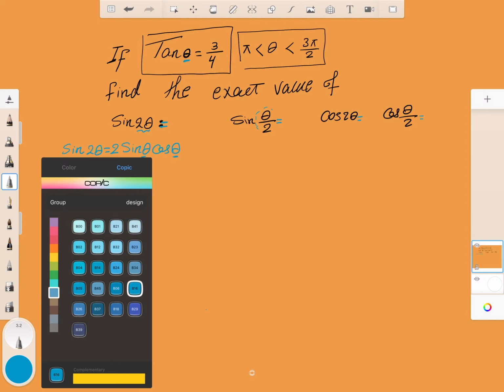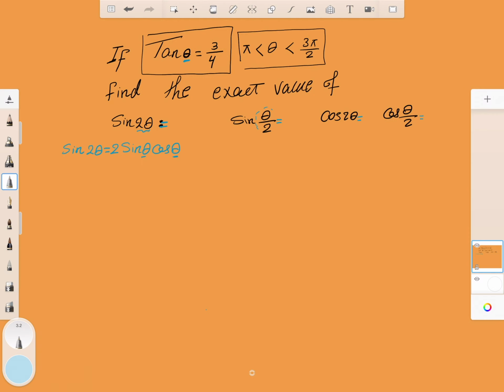Then for sine of half theta, the formula is plus minus radical 1 minus cosine of theta over 2. And for cosine of double angle, cosine of 2 theta, the formula is cosine squared theta minus sine squared theta.